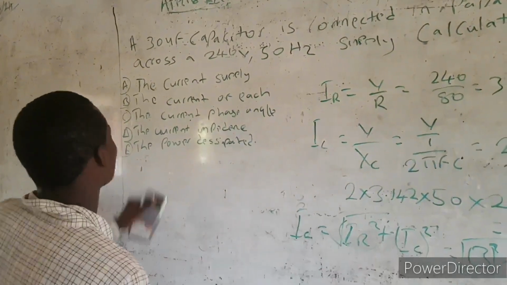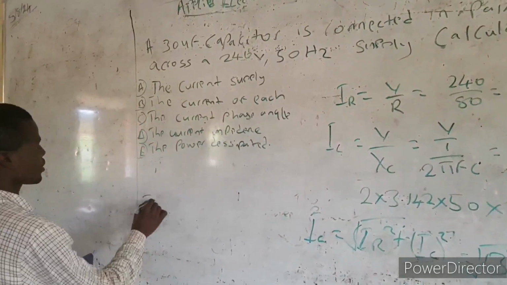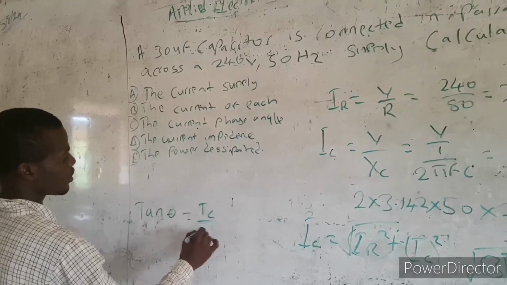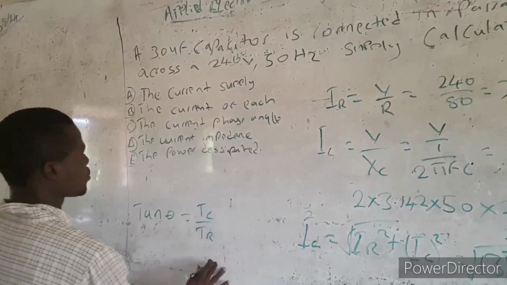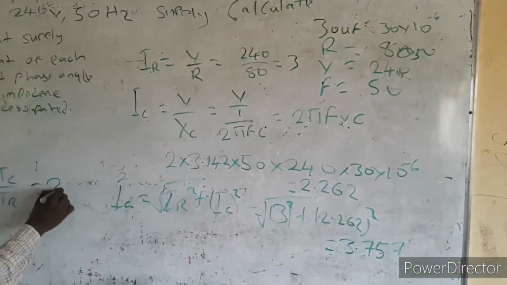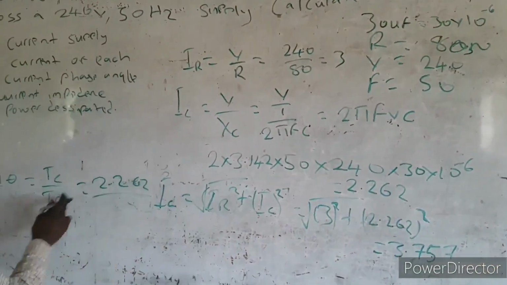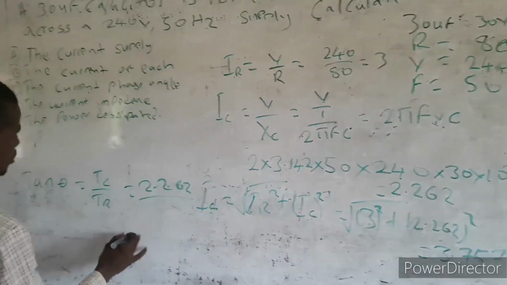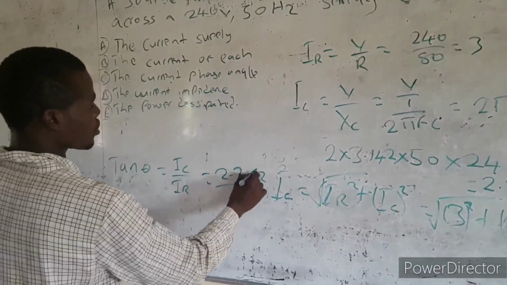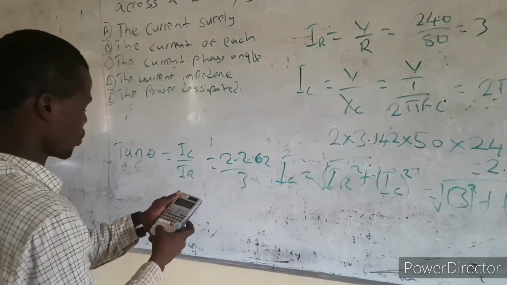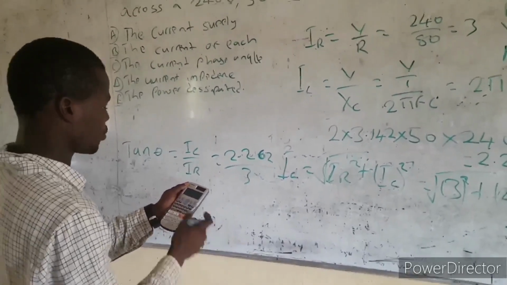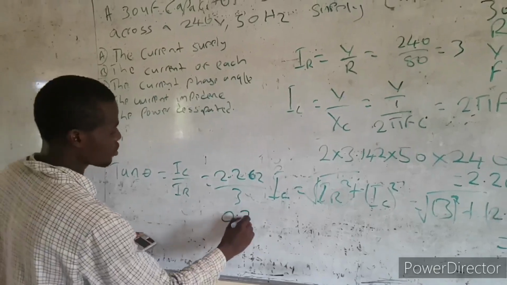Okay, now let's look for the current phase angle. The current phase angle is tan theta, which equals IC over IR. IC is 2.262 over IR, which is 3. If we calculate 2.262 divided by 3, that's going to give us 0.754.